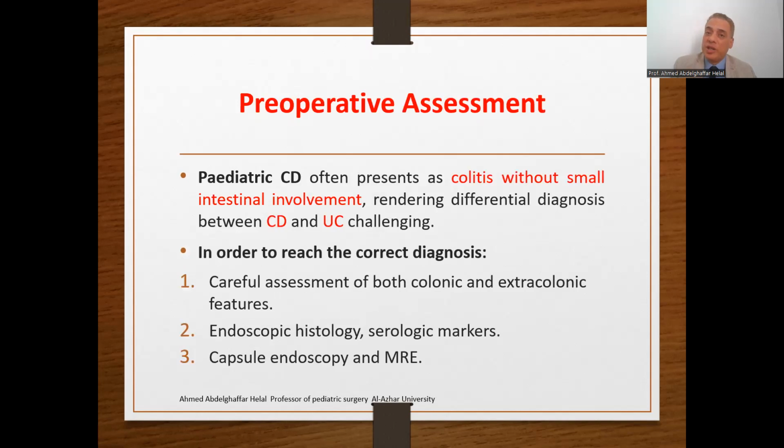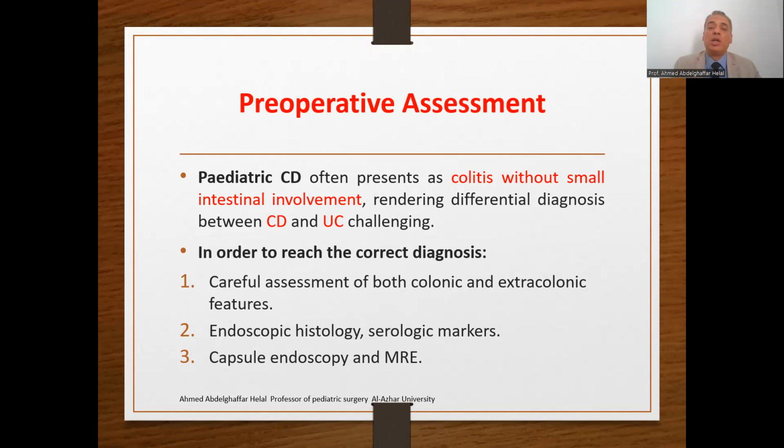Preoperative assessment is very important. As in ulcerative colitis, the pediatric surgeon should consider that Crohn's may present with colitis. So the differential diagnosis between ulcerative colitis and Crohn's may be very challenging. In order to reach the diagnosis, the child should be evaluated with upper and lower endoscopy, with endoscopic histology or biopsy markers, capsule endoscopy, and magnetic resonance enterography.